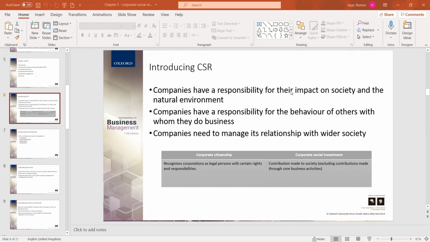A healthy environment is needed for companies to grow. It's not just the company that grows on its own, but with a healthy environment and good human surroundings, companies can thrive and do well.